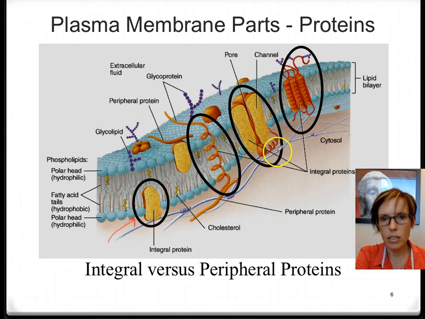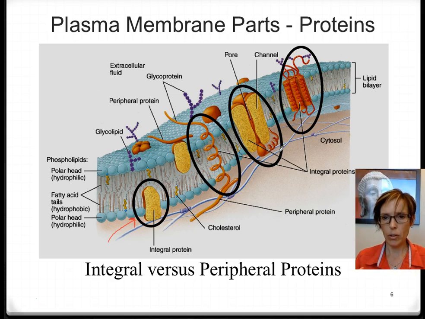Other ones, like these three bigger ones, go all the way through. They're integral, so they're integrated into the cell membrane. When they go all the way across, like the three big ones do, we call them transmembrane proteins, because they go all the way from the inside to the outside.